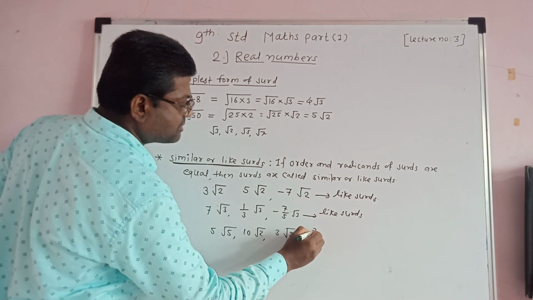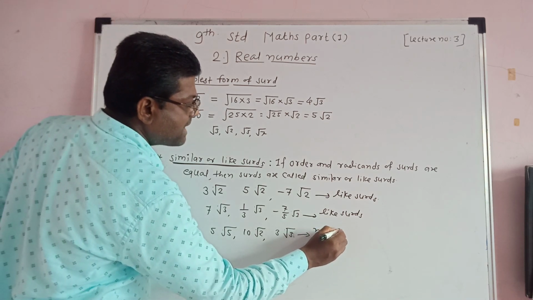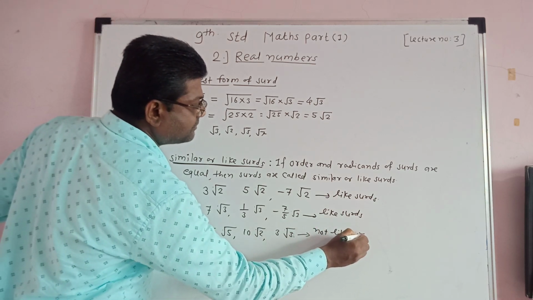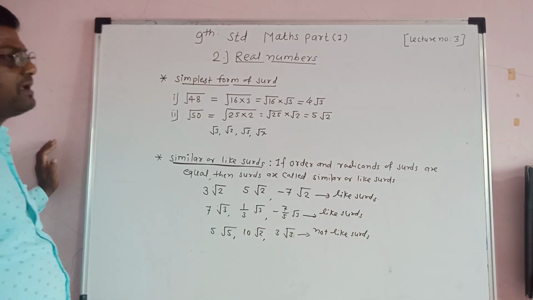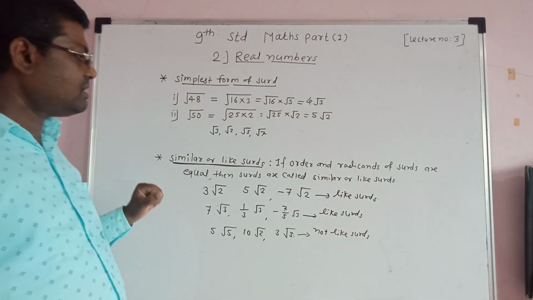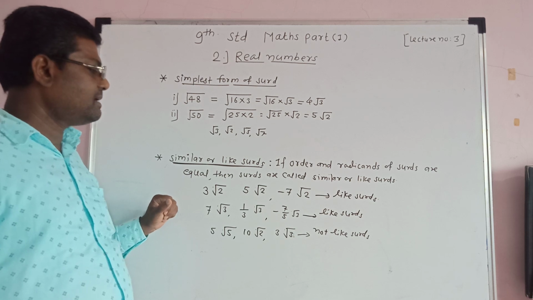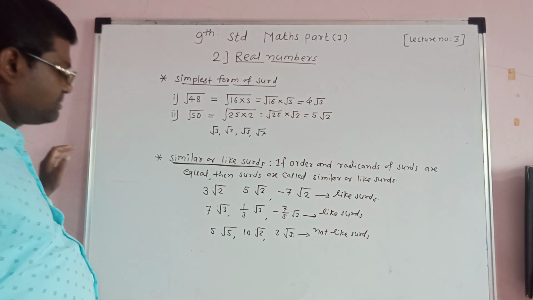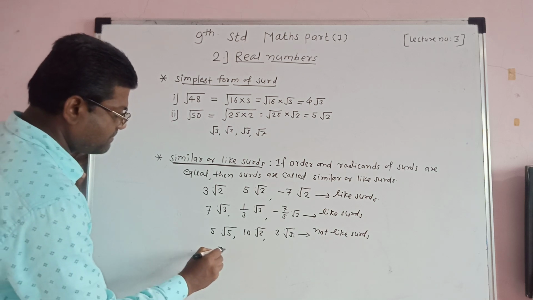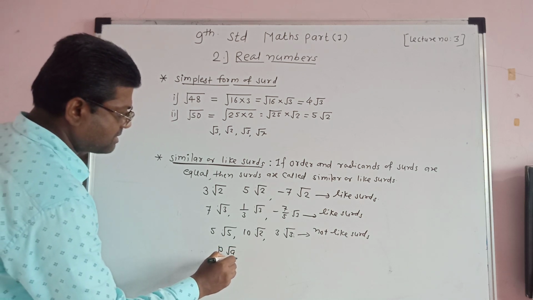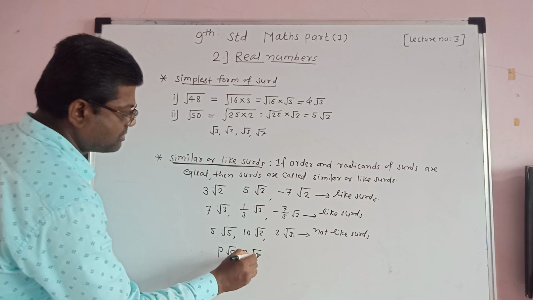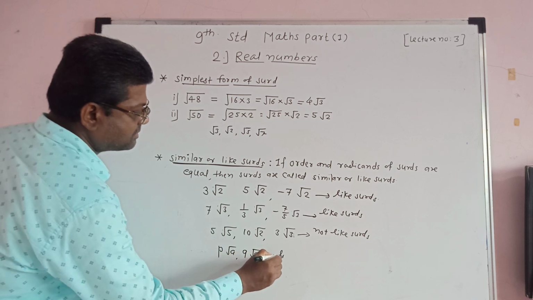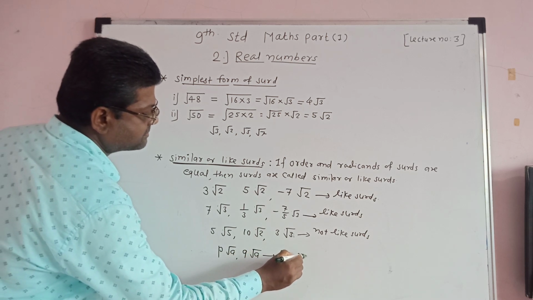Therefore, these are not like surds. So what is meant by like surds? If the order and radicands are the same, then the surds are like surds. For example, p root a and q root a are like surds.